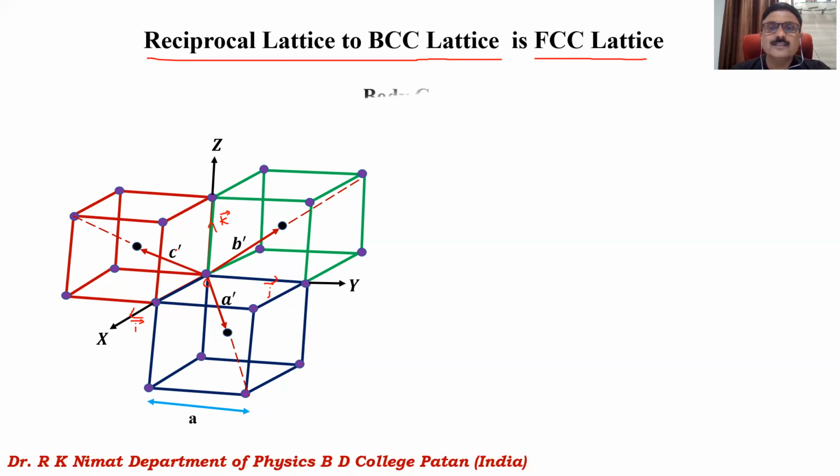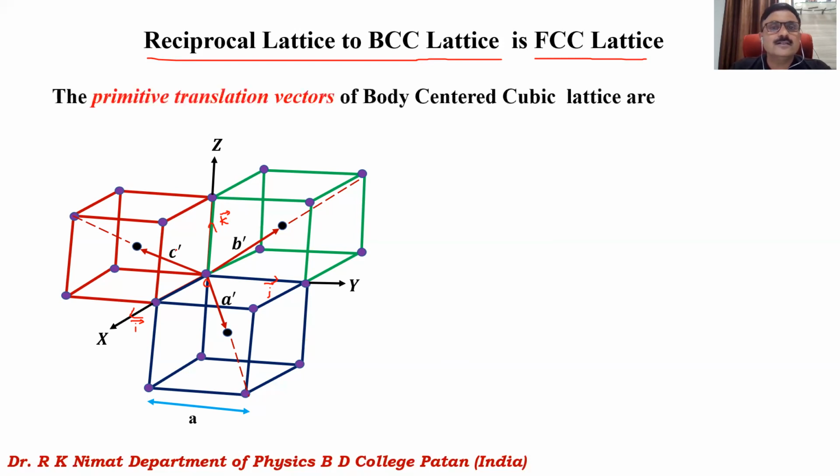The first vector a dash can be represented as follows. Remember, this a dash is a vector which connects this origin O and the body centered atom of this unit cell. Now it can be represented in terms of lattice constant a.